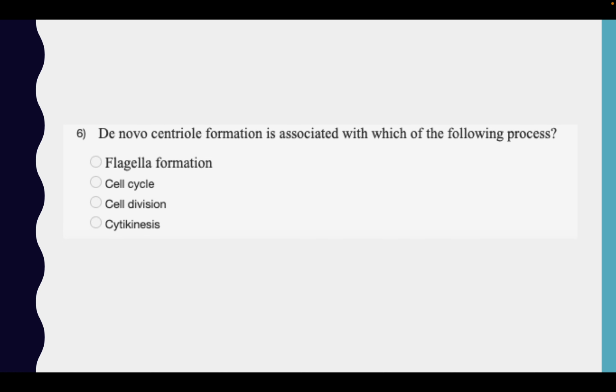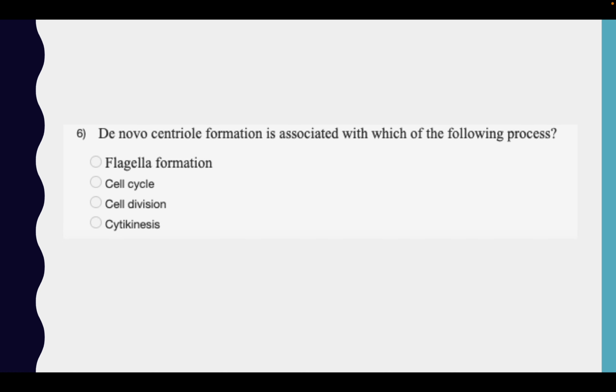Cell division. Sure. Means cell cycle. Sure.